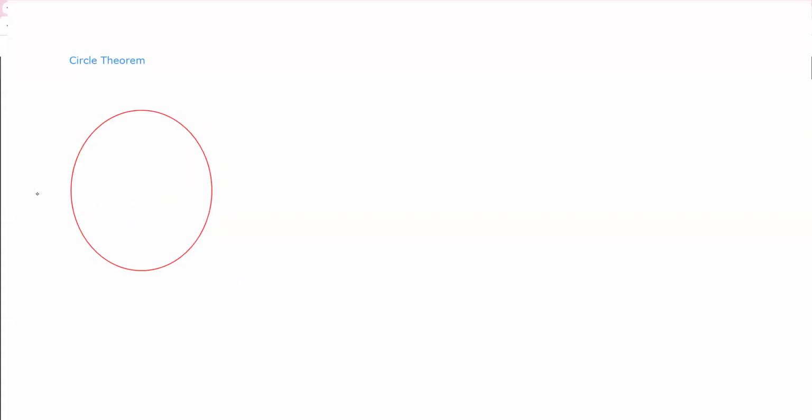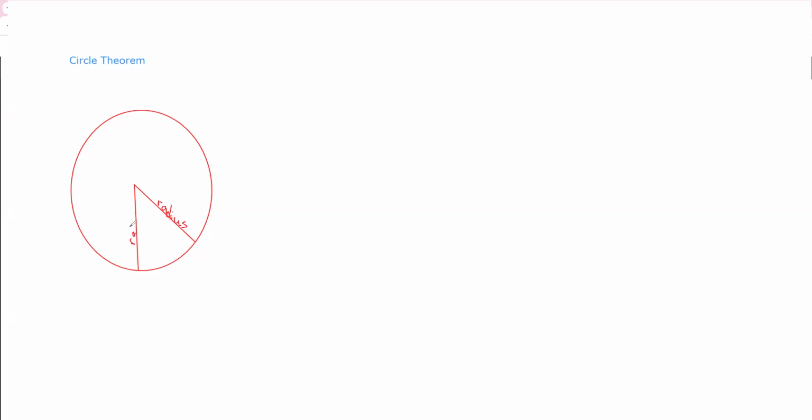Now, basically a sector is like, think of a slice of pizza. Everybody loves pizza. So basically, your sector is like a slice of pizza. It has 2 radii, right?